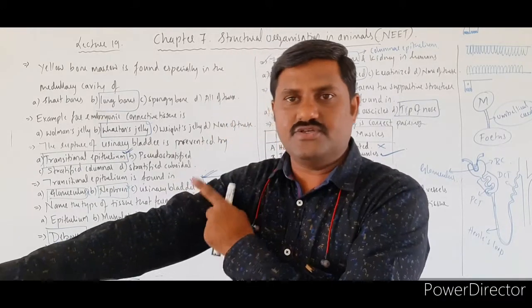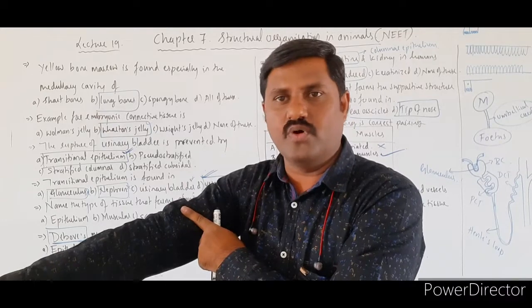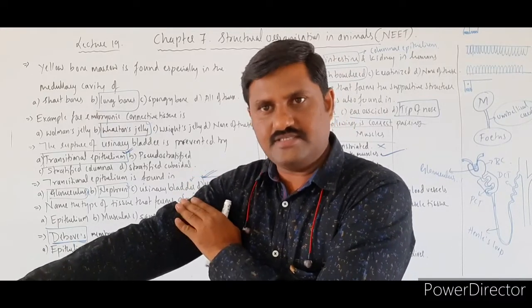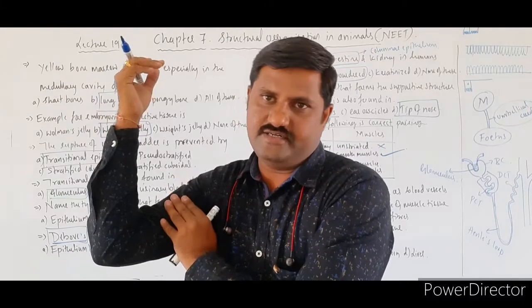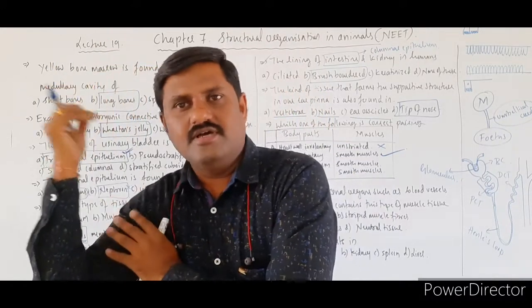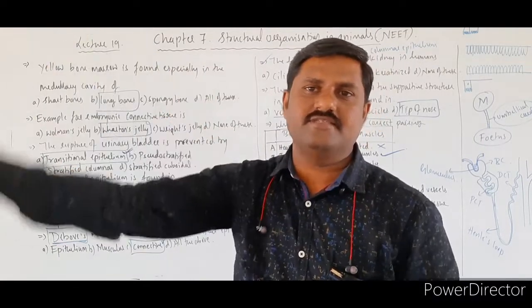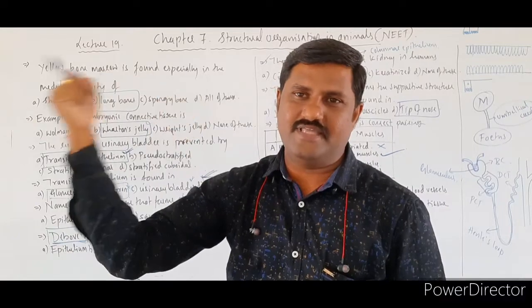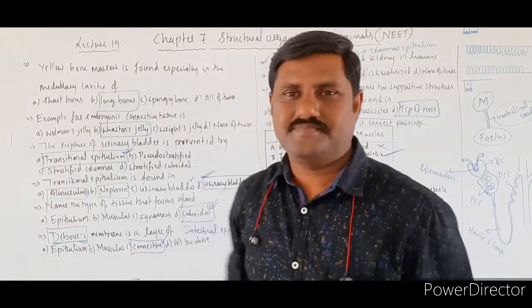Next one is humerus. So this humerus is also a kind of long bone, and here the biceps are there, made up of muscles. If we want to lift the hand like this, these muscles help for that. Then they are working under the will of the human being, right?